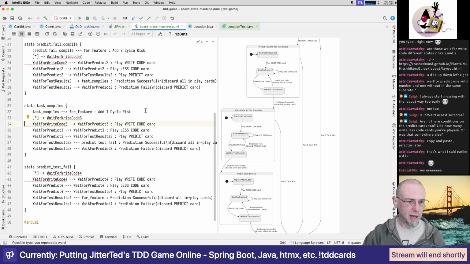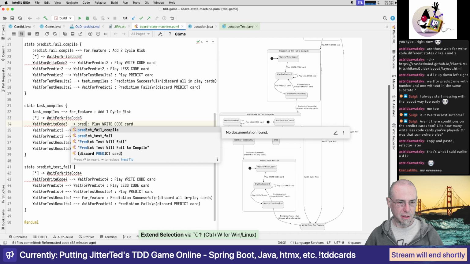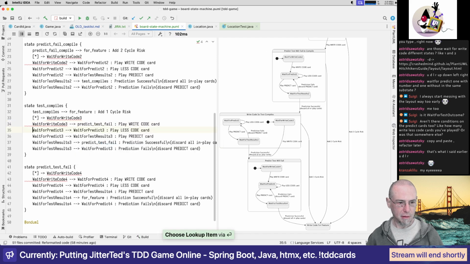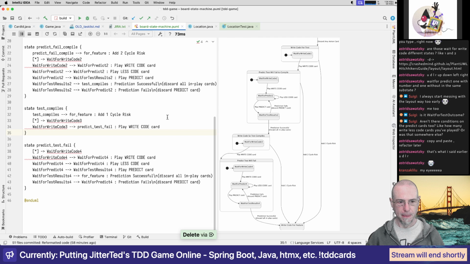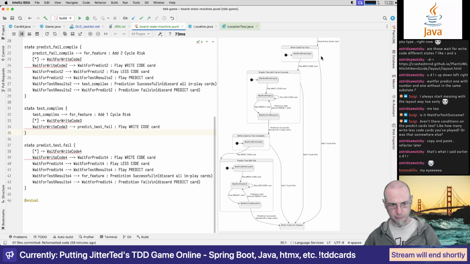We wait for write code, and actually we exit immediately to predict test fail, and then the rest of this goes away, because this one is very much like this one. So there's an exit where you play the right code card, and then there's the exit where you're in the prediction process.